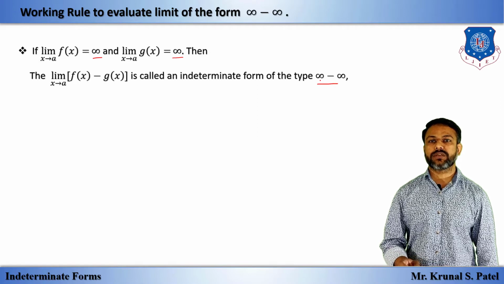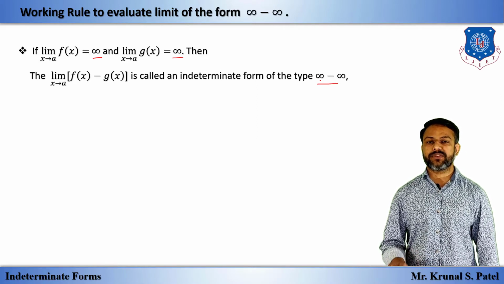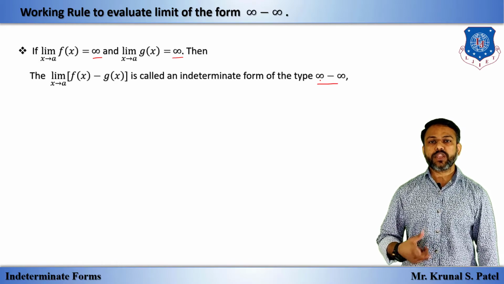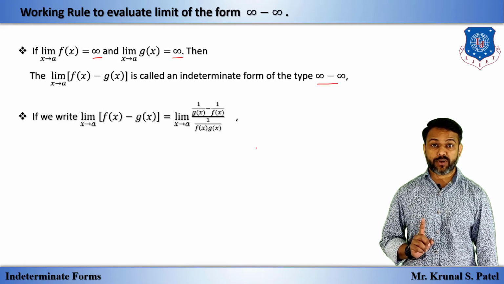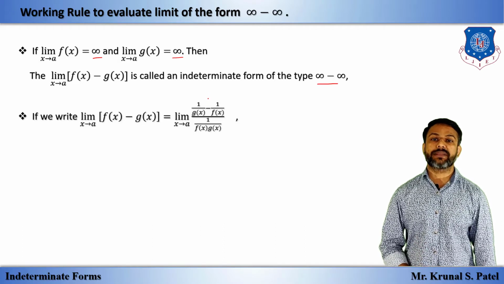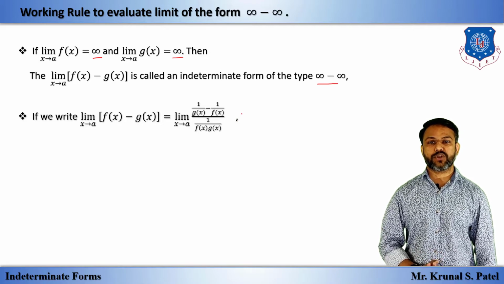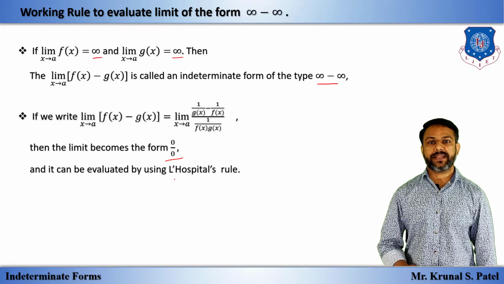That means if you put the value of f of x and g of x, this limit becomes infinity minus infinity. And for that, you have to compulsorily take LCM. For this form, you have to keep in your mind that you have to take LCM. So this form becomes 0 by 0, and after becoming this form 0 by 0, you can apply L'Hopital's rule and evaluate this kind of limit.